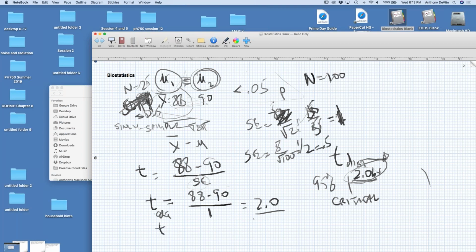So my t score is going to be 88 minus 90 over 0.5. Well, that's 2 over 0.5, which is equal to 4.0.